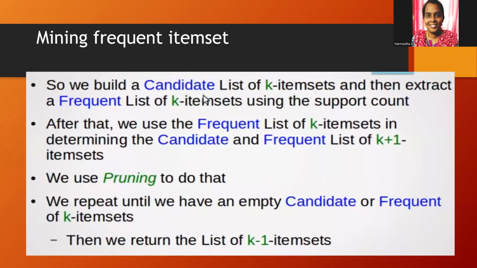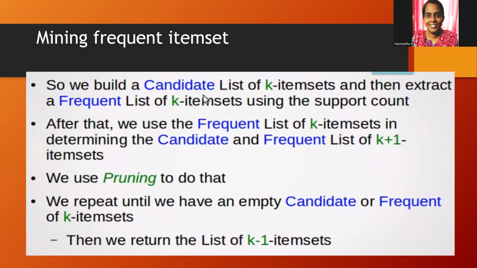So we build a candidate list of k-item sets, and then we get the frequent list of k-item sets. For this, we use a strategy called pruning.